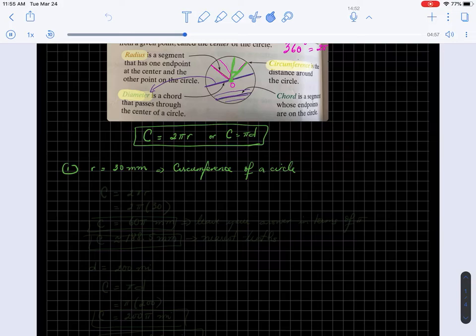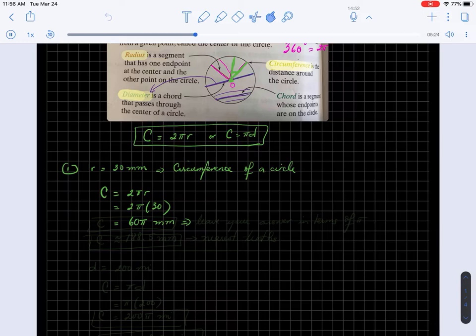So bring back the first formula. Since they're talking about radius, I'm going to bring up that formula. It's going to give me 2 times pi times 30. That should give you 60 pi millimeters.